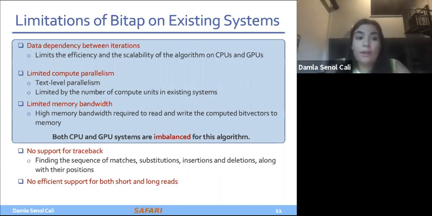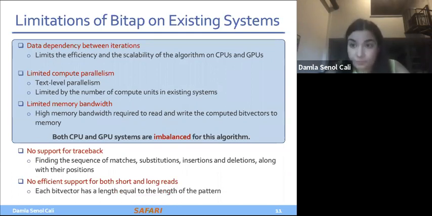And also there's no efficient support for both short and long reads, because as I mentioned, the bit vectors have a length equal to the pattern length, which is the read length. So that's why we have to divide the bit vectors into word sizes of the machines. So it is not practical.